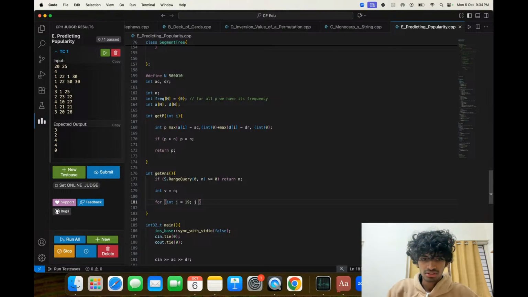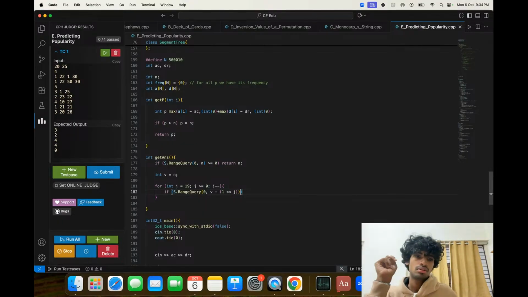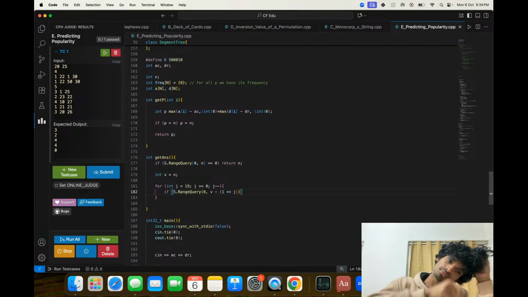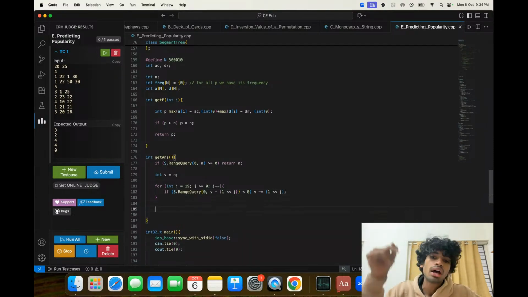This is binary search. V is negative, right? If you're trying to move forward, okay, if you can move there and still that is negative, then you do v minus equals to. So now you have this v.